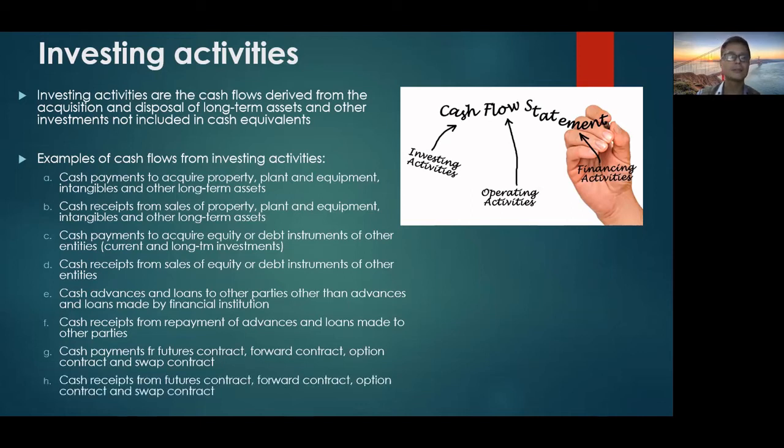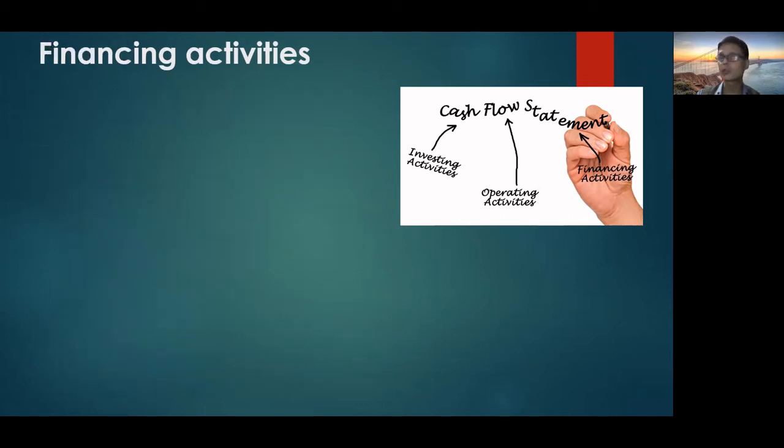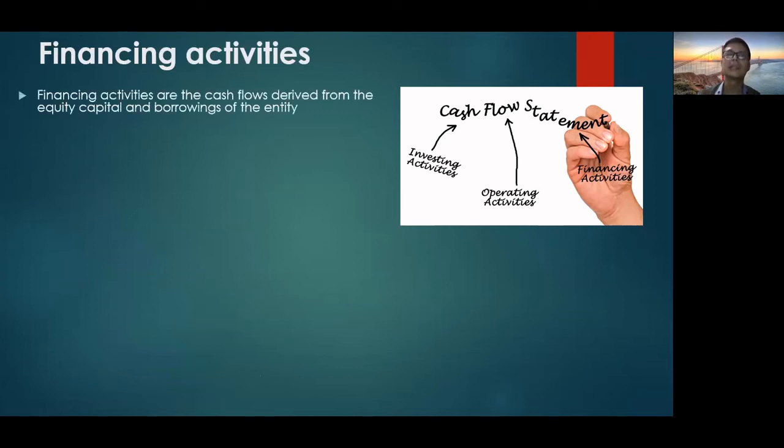Okay, and then finally we'll talk about financing activities. So what are these financing activities? These are the cash flows derived from the equity, capital, and borrowings of the entity. So if they borrow from the bank, and the proceeds they got from the bank are, let's say, long term, for 5 years, that is considered a cash flow from financing activity.